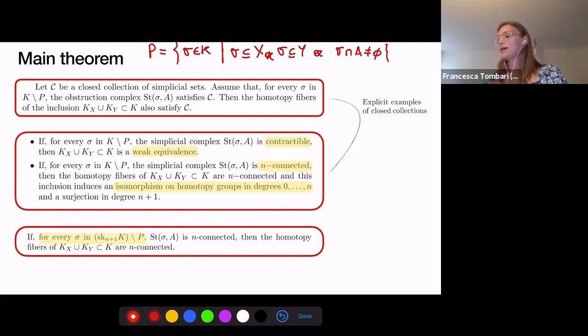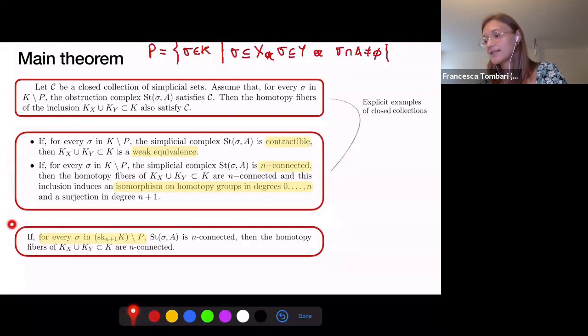All right, so I moved forward without wanting to, but there is one more result in this slide, which is basically a weakening of the hypothesis on this second consequence about n-connectedness of the obstruction complexes.